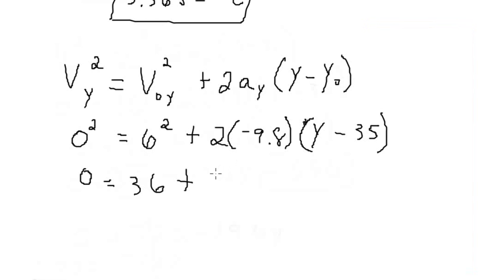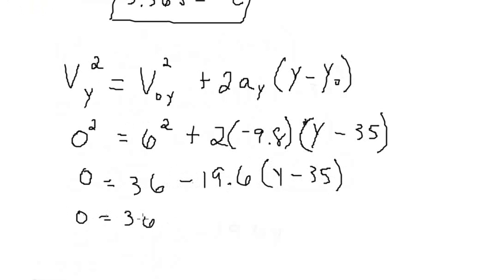So I'm going to write that there. I'm going to erase this. Okay, so it's negative 19.6 times y minus 35.